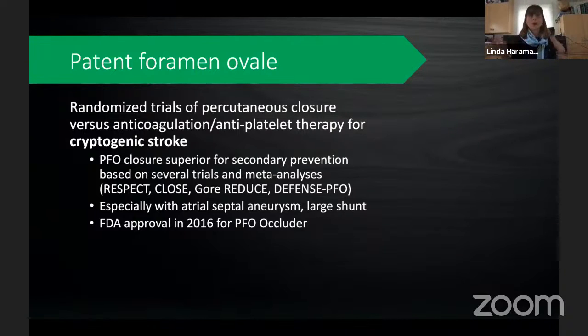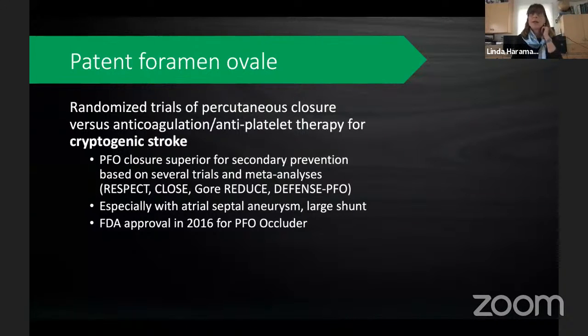Many of them were underpowered, but in aggregate, they basically have shown a superior outcome for secondary prevention of cryptogenic stroke, especially in people who have an atrial septal aneurysm or a large shunt.